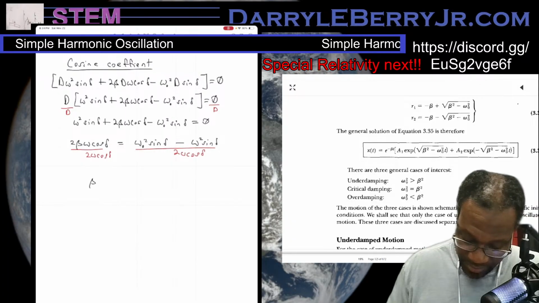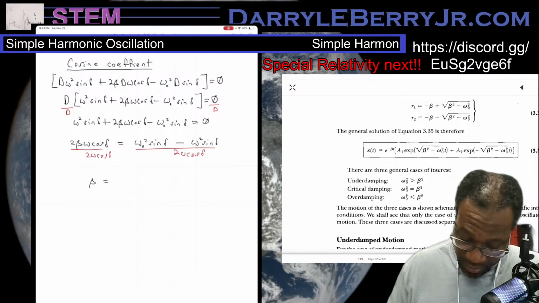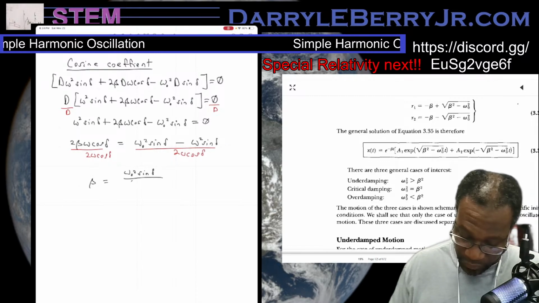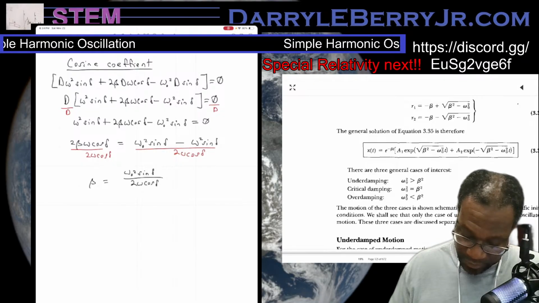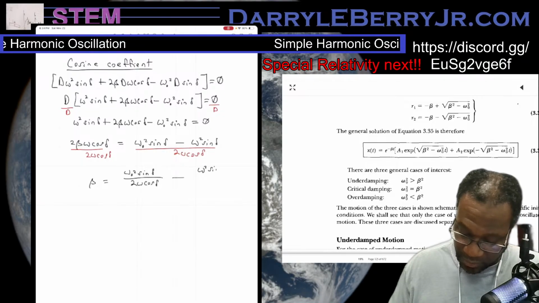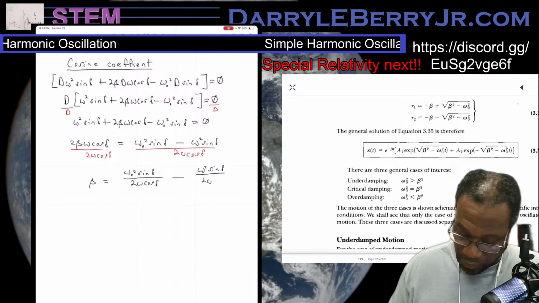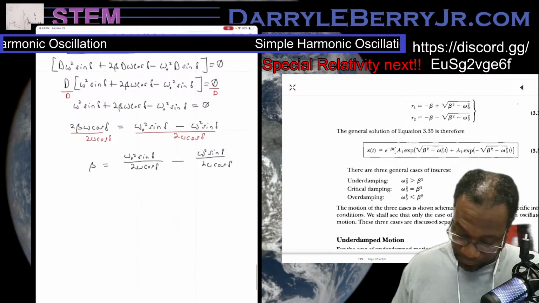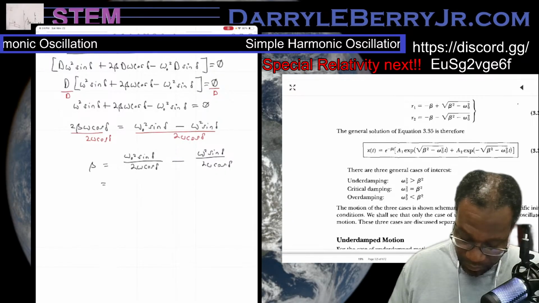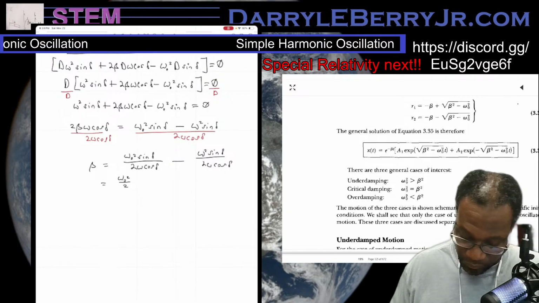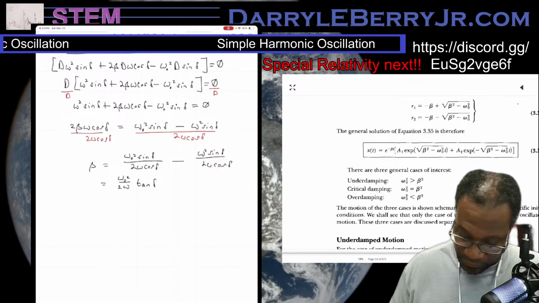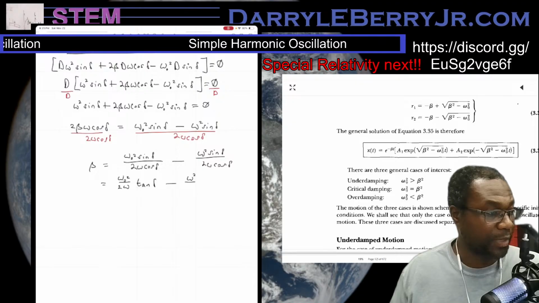What I have here is b, or beta, equals omega naught squared sine delta over 2 omega cosine delta, minus omega squared sine delta over 2 omega cosine delta. So that's going to equal omega naught squared over 2 omega tan delta, minus omega squared over 2 omega.